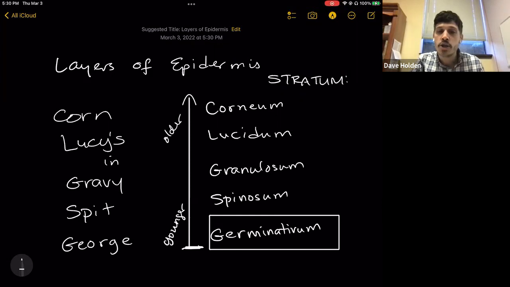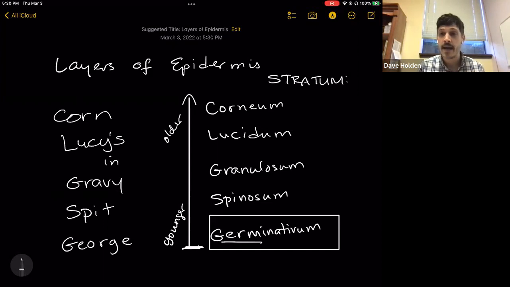The stratum germinativum, the names are all telling you something about what's happening. This root to germ or germinate, like a plant, right? Germinating, it's budding, it's seeding, it is sprouting, it is reproducing. Stratum germinativum is the layer that is reproducing. This is the layer that's producing new baby skin cells.